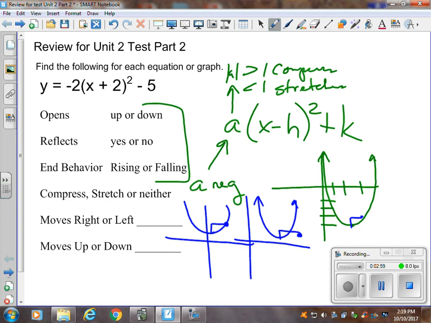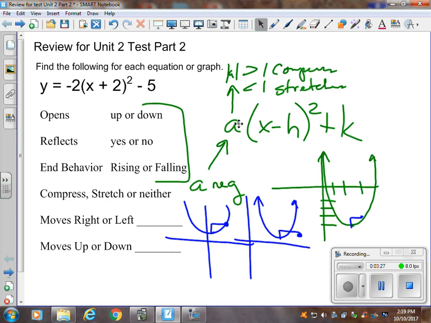So see, I could give you a graph, and you should be able to tell me if it stretches, compresses, or neither from just that little simple up 1 over 1 from the vertex. Because the vertex on most graphs for x squared by itself is up 1 over 1. All right, so it's nice to have the formula because that number gives it away, doesn't it?